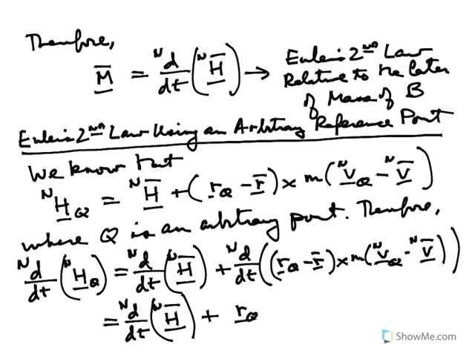So we just get RQ minus R bar crossed with M times the acceleration of Q in N minus the acceleration of the center of mass. But in this case, Q is arbitrary, so that acceleration of point Q is not 0. So what we're going to do now is simplify this result.